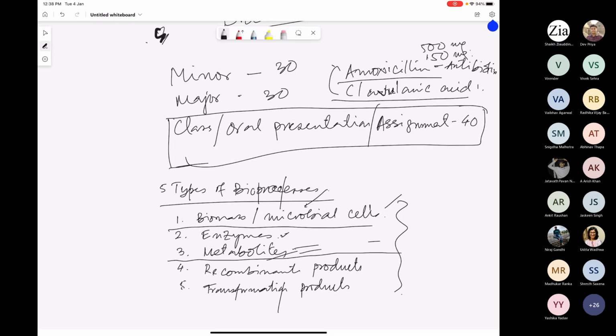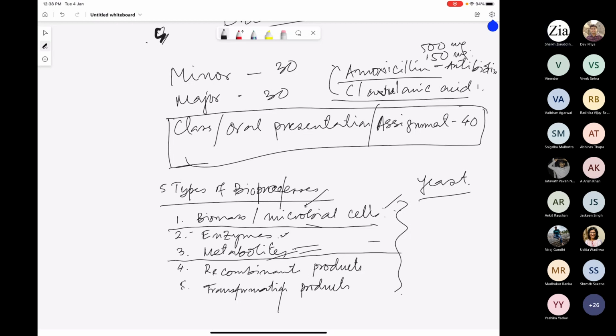Now, if you talk about the first example, the first process, that is called biomass or microbial cell, it has a substantial market. One of the most common examples is yeast production. In the bakery industry, they use yeast.